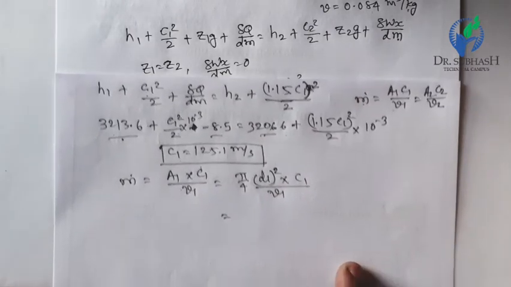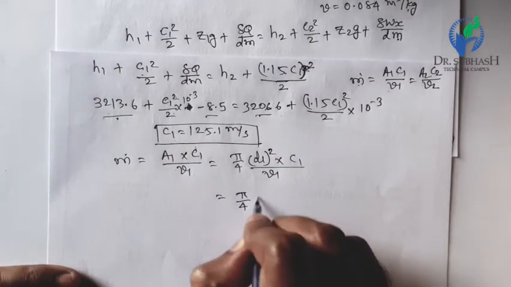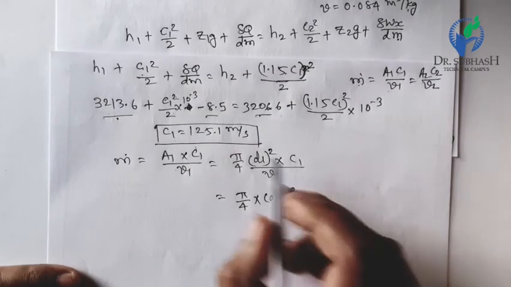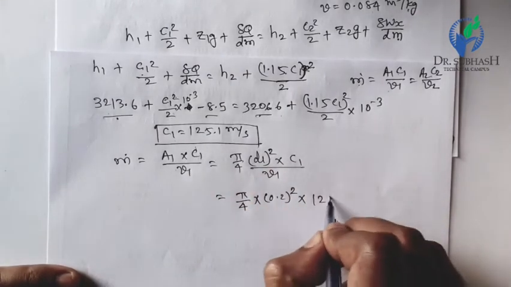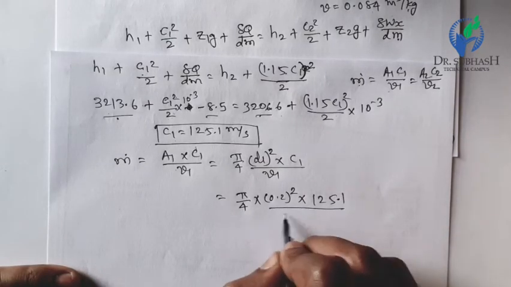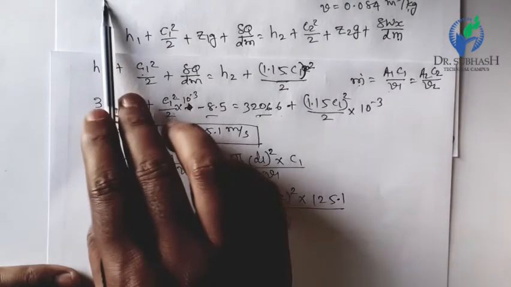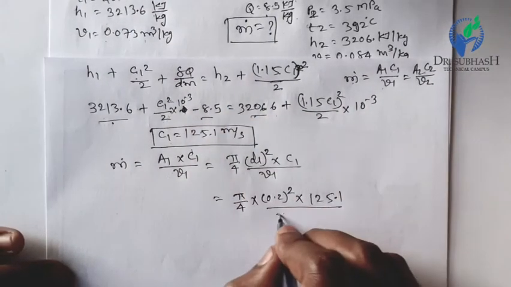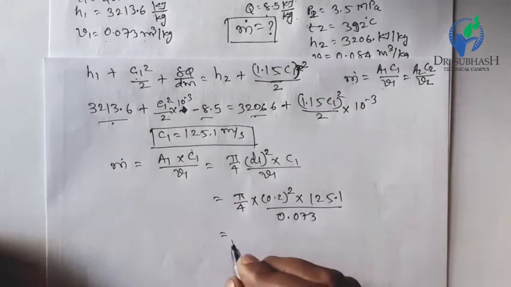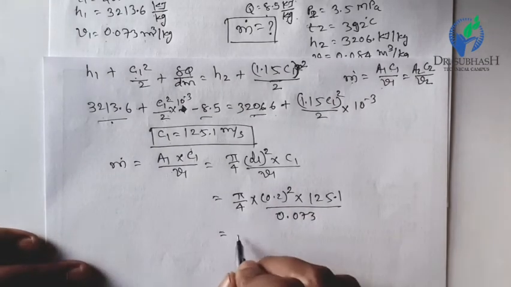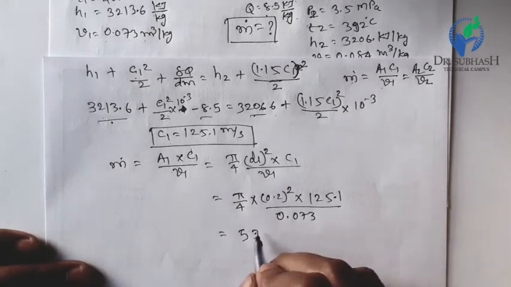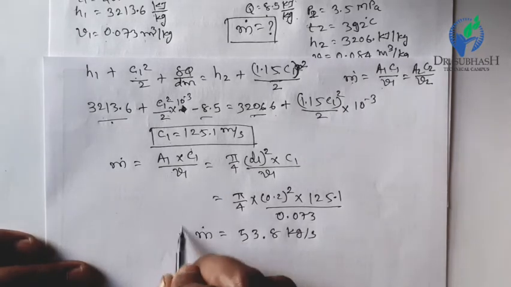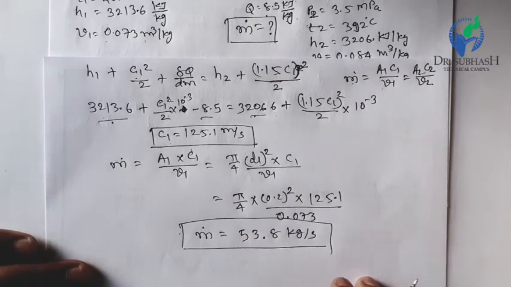So if we put the values, it is pi by 4 times d1, d1 is 0.2 meter here, so 0.2 square, times C1, the velocity we have calculated, 125.1 meter per second, divided by specific volume at 1, v1 is 0.073. So it is equal to 53.8 kg per second. So this is the mass flow rate which we were supposed to calculate here.